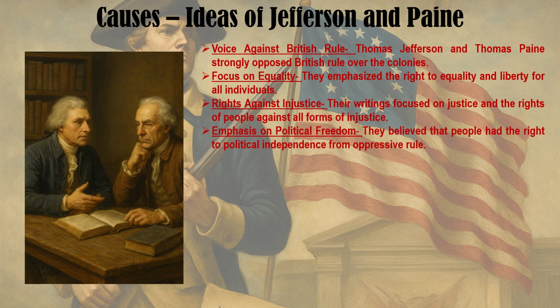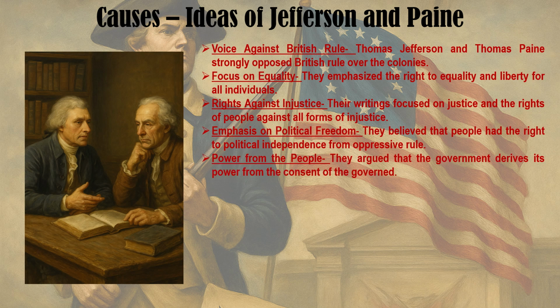They believed that people had the right to political independence from oppressive rule. According to their thoughts, people always had the right to fight for their rights or to fight for independence, especially when the rule is oppressive. They argued that government derives its power from the consent of the governed.